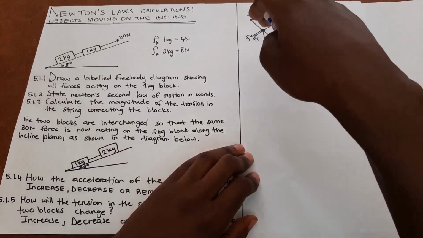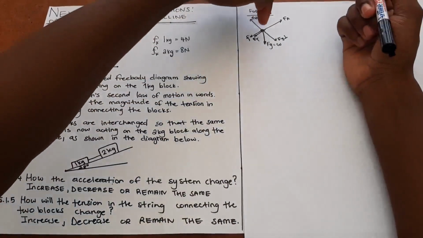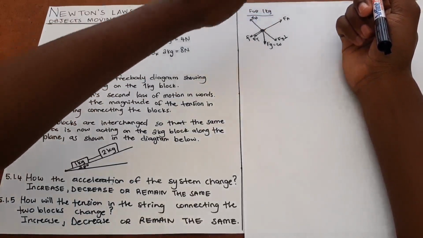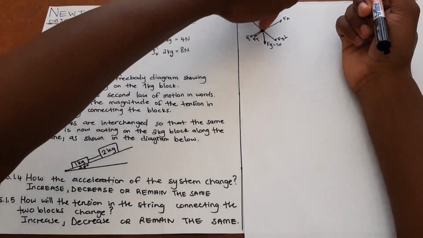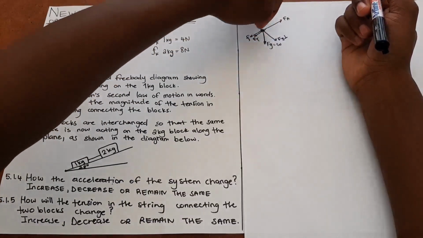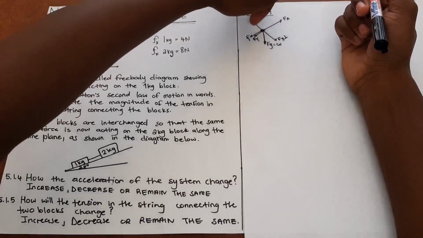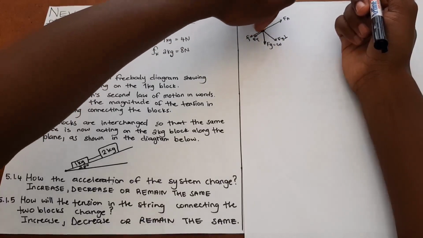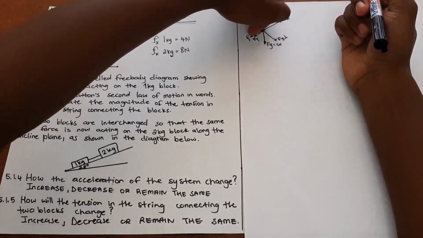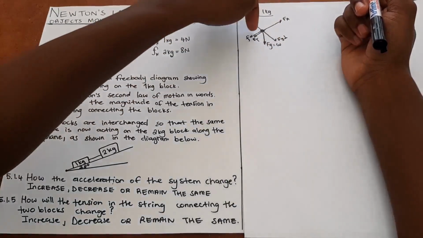I can illustrate my parallel component, or horizontal component, of this gravitational force here, because it's pushing the object to move down. It's the gravitational force acting along this incline.